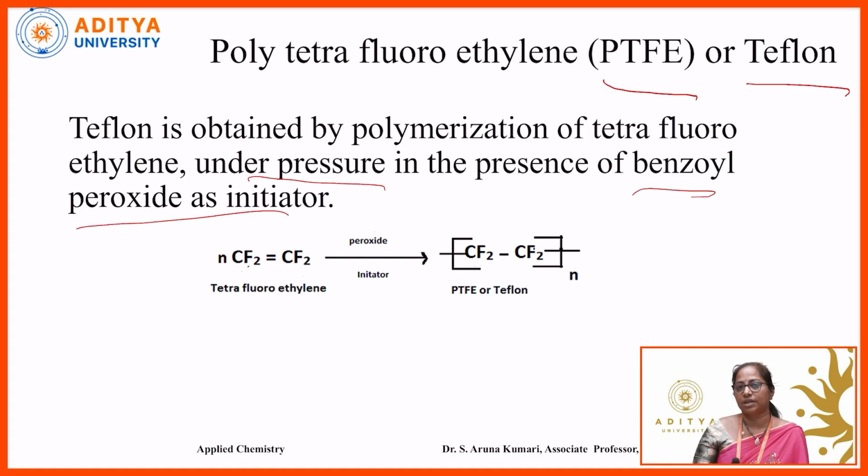So here we see the chemical reaction taking place where tetrafluoroethylene is the monomer which undergoes polymerization in presence of benzoyl peroxide, which is going to act as initiator, and this changes into polytetrafluoroethylene or Teflon.